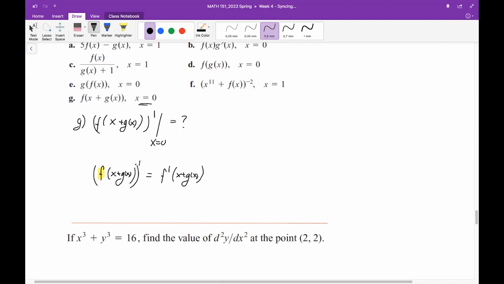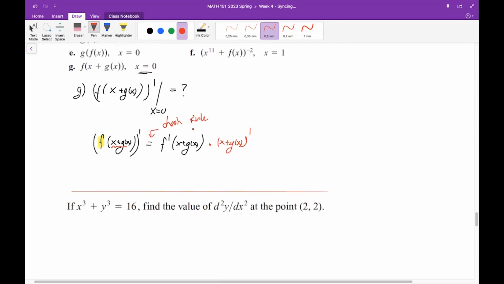I write it as it is. And then I need to multiply with the derivative of this inside part, right? I am applying the chain rule here. Okay, so what is this derivative then? What we have is F prime of this thing multiplied by 1 plus the derivative of G, which is G prime. Okay, like that.